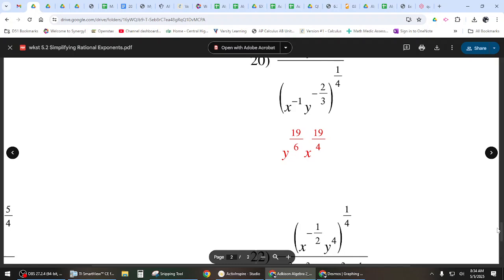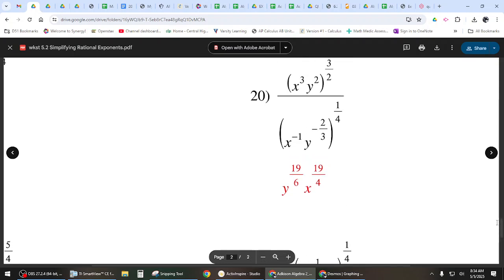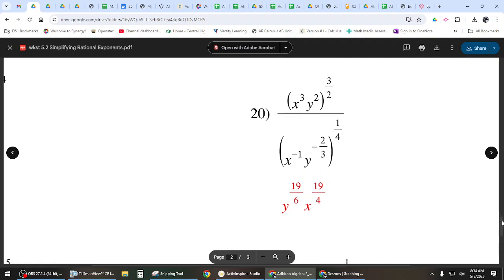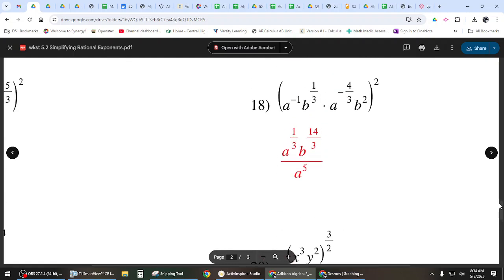Alright, number 20 is fine. 19/6, 19/4 for y and x. Could you go back up to the a and 14/3? If they were both 14/3, like b to the 14/3 over a to the 14/3, could you just cancel?